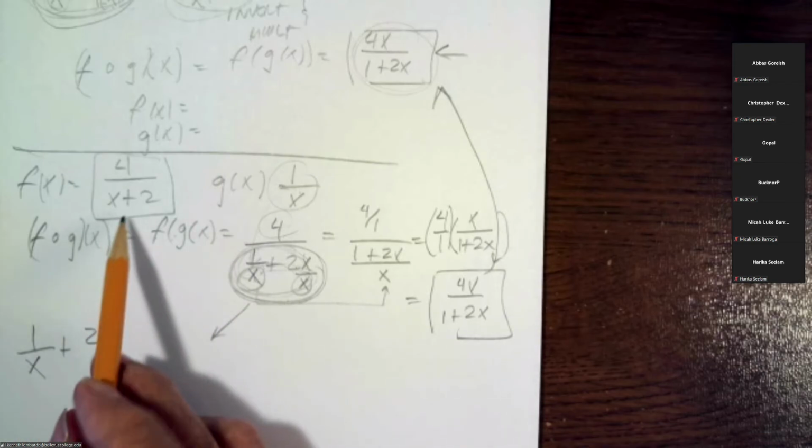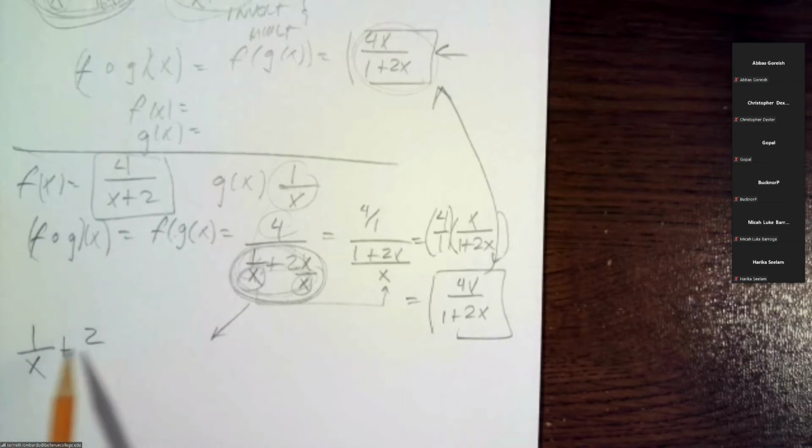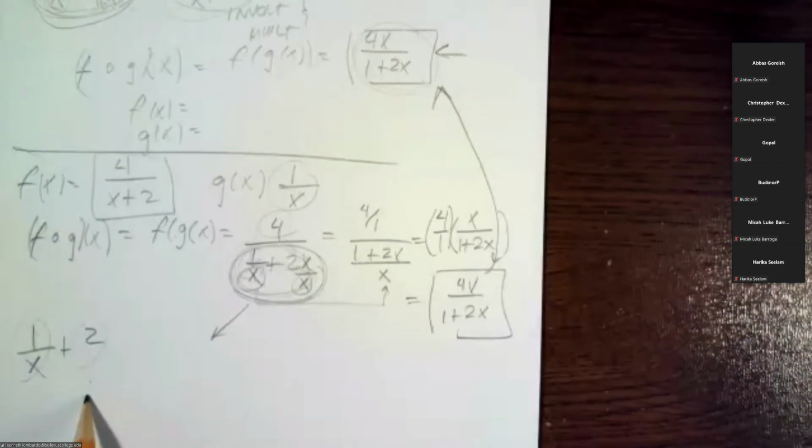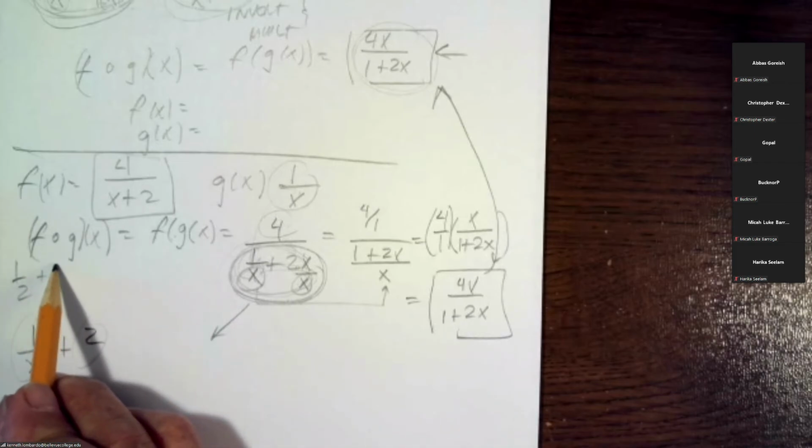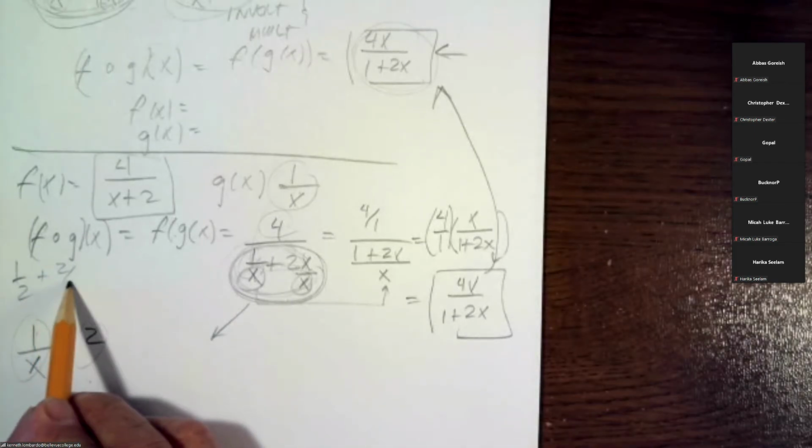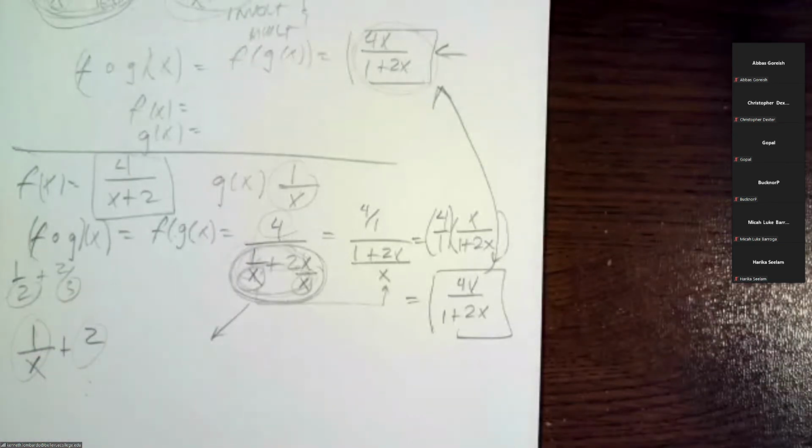That's what we started with. 1 over x plus 2 was the denominator. And I'm saying we can't combine these two values, 1 over x and 2. We can't combine those unless we have a common denominator, right? We can't combine 1/2 and 2/3 until we have a common denominator.